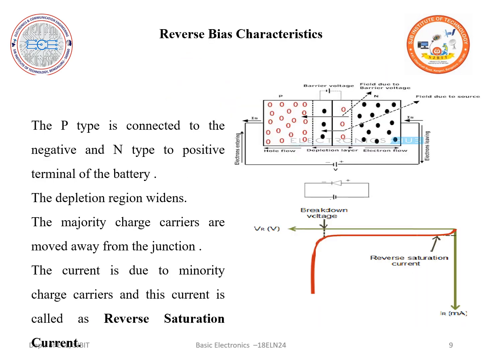In the reverse bias characteristic, we can see the P region is connected to negative and the N region is connected to positive. As a result, unlike poles attract each other. That is, the holes present in the P region will move towards the negative terminal of the battery, and the electrons present in the N region will move towards the positive and they get neutralized.